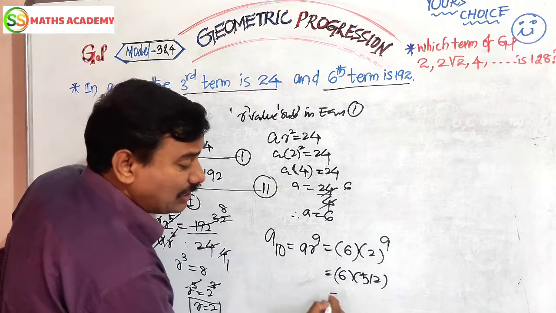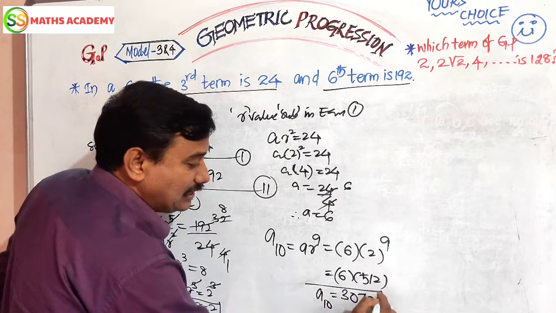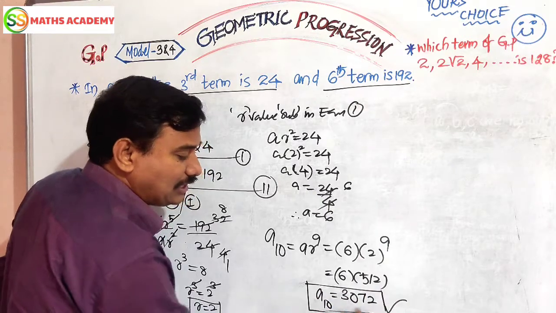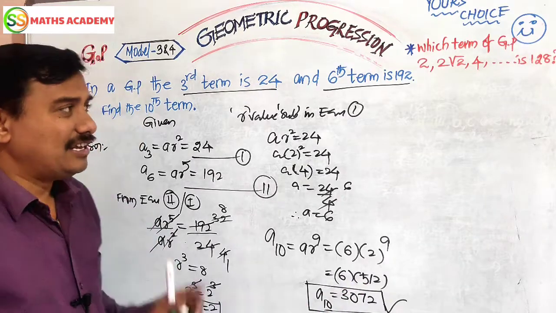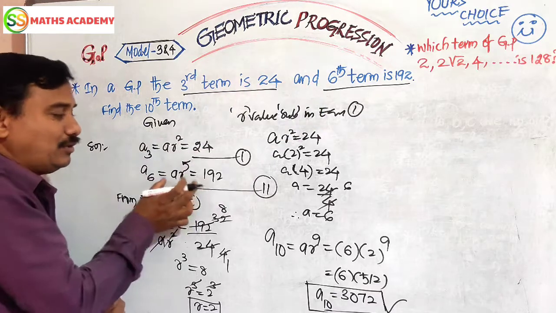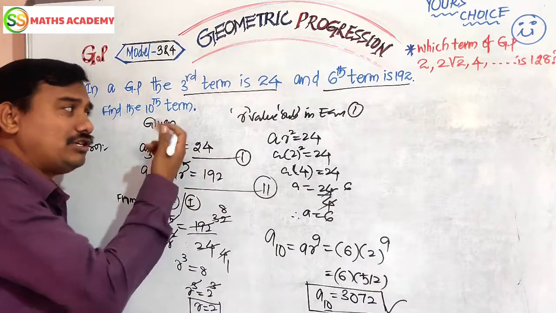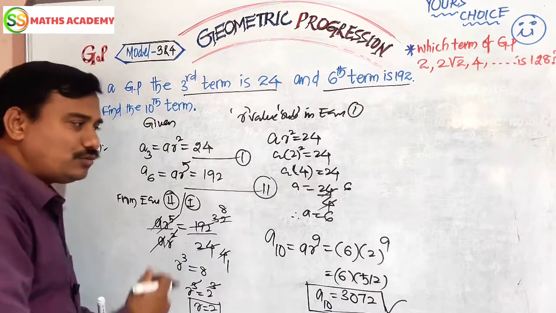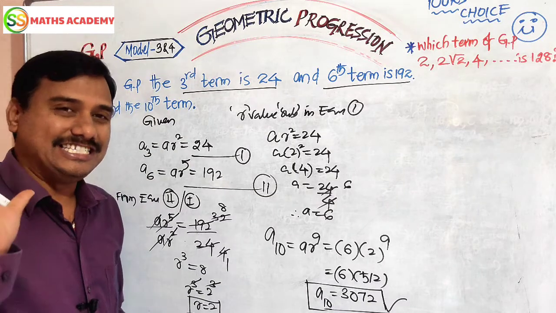Now 6 into 512 is 3072. Yes, in the GP the 10th term is 3072. If you multiply 512 with 6 you get the answer. What I have done, just check it: the second equation by the first equation, I got r, then substituting in 1, I got a. Using these two values I found the 10th term, very easy.